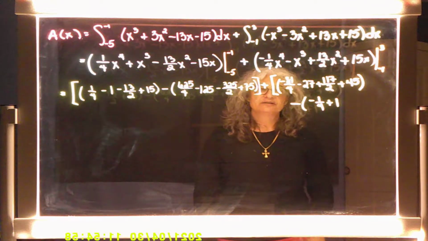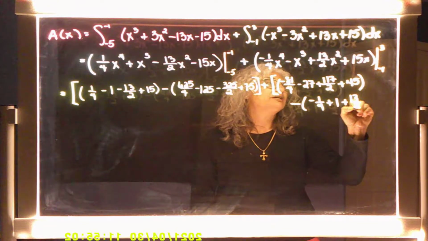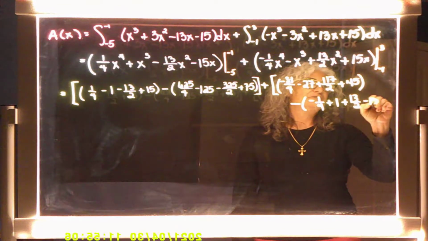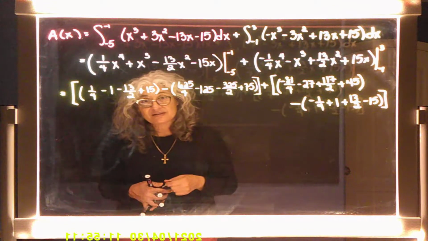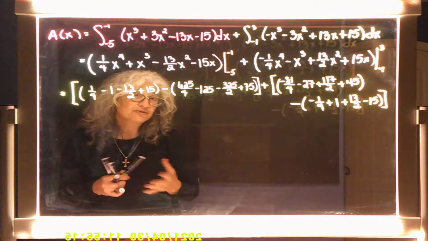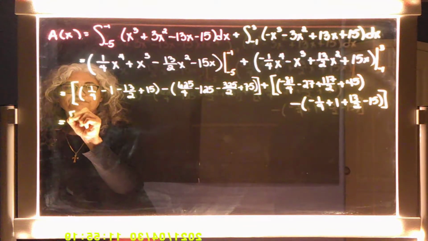Negative 1 squared, positive 1, so that's a positive 13 over 2. And then negative 1 times a positive 15. Negative 15. Okay. Y'all with me on this? Yeah, we really have to take this slow here because we need to just make certain that we're okay in terms of our algebra. Okay.